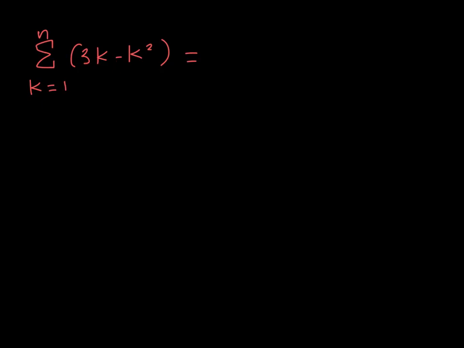So then we can rewrite this as the sum of 3k minus the sum of k squared, of course, as k goes from 1 to n for each of these. And now I can use our rules to factor out this 3.